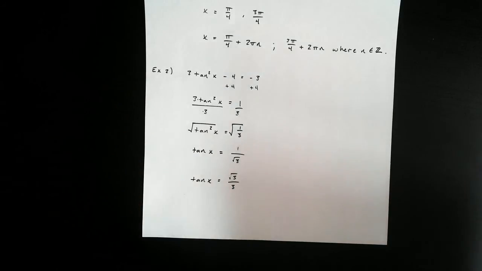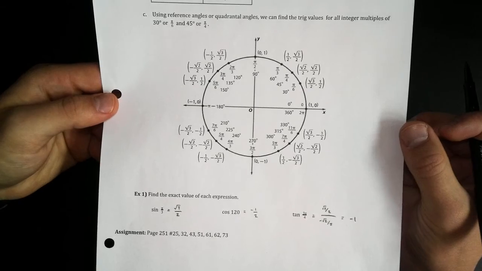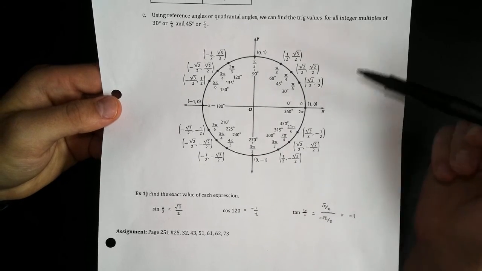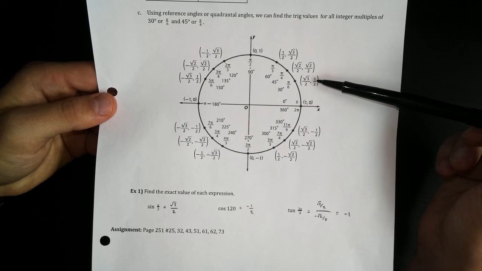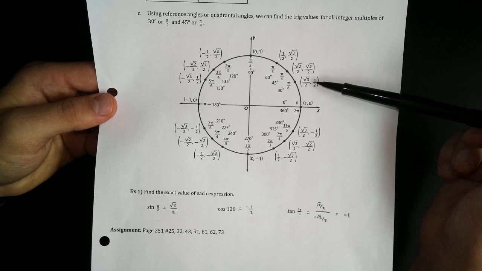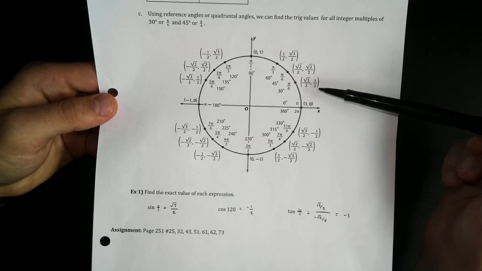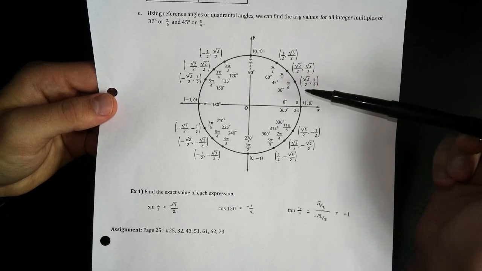So if we're looking at our unit circle, if I take y and divide it by x, when do I get the square root of 3 over 3? So if I divide 1/2 by the square root of 3 over 2, that will simplify. So we have one solution at pi over 6.